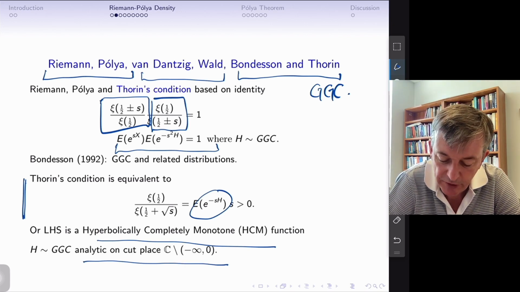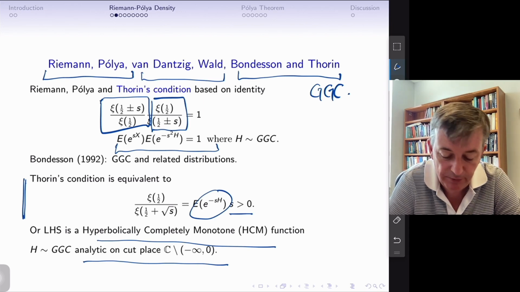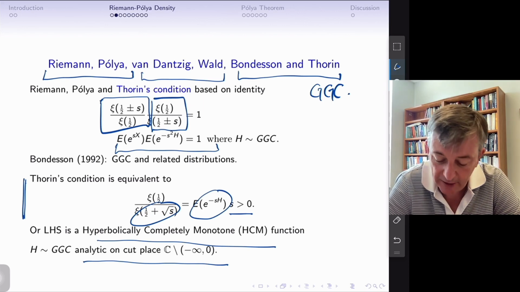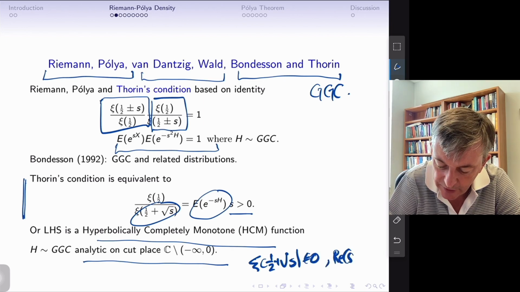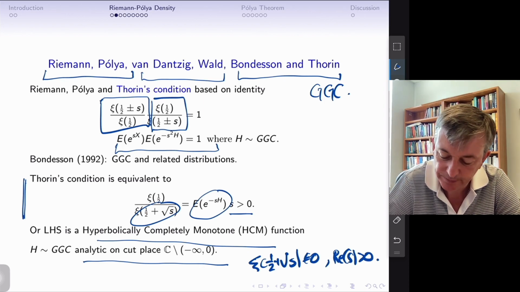So even though we check this condition only for real S, we know that the right-hand side can't be infinite. So we know that this thing here can't have any zeros. So x psi of a half plus root S is not equal to 0 for real S bigger than 0. And from that, we can essentially prove the Riemann hypothesis.